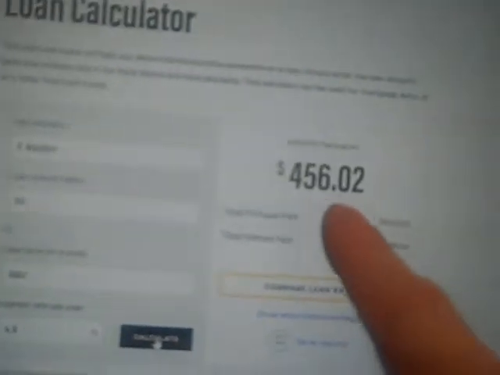So $456.02 per month. Okay, then your total, you're paying this 12 times a year, and you're going to do it for 30 years, okay? That's a long time.